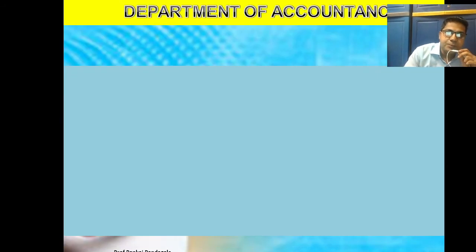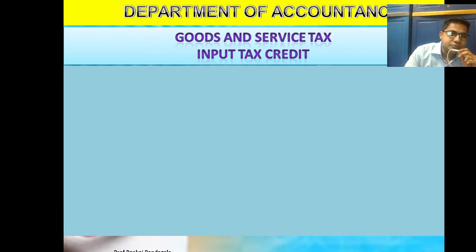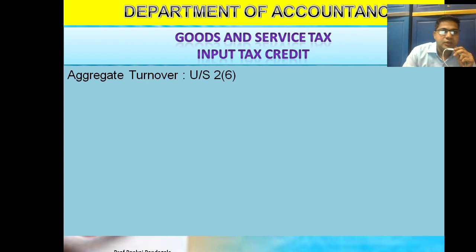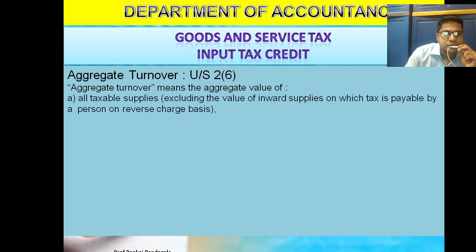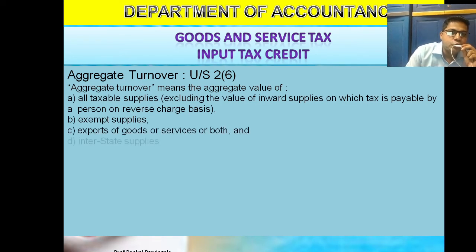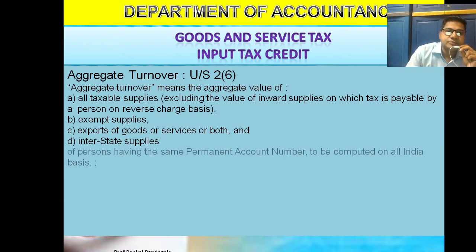Now let us discuss some simple terminology, that is aggregate turnover under Section 2 subsection 6. We already discussed this, but we should know about aggregate turnover. It includes all taxable supplies, exempt supplies, export of goods or services or both, and interstate supplies.